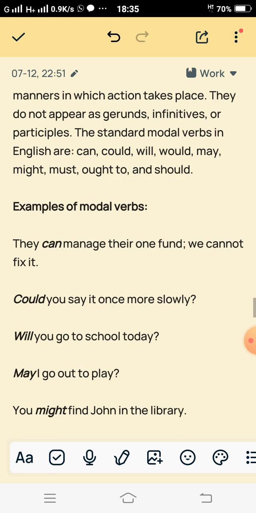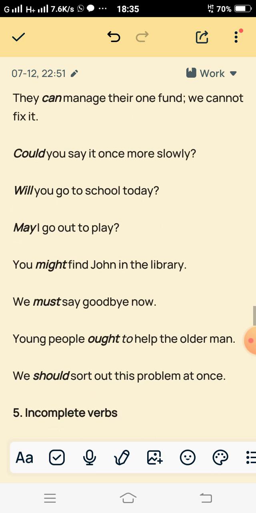They might find John in the library. We must say goodbye now. Young people ought to help the older man. We should sort out the problem at once.